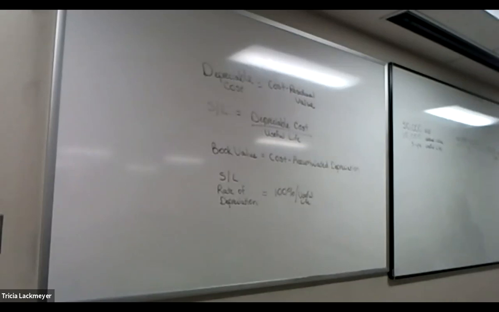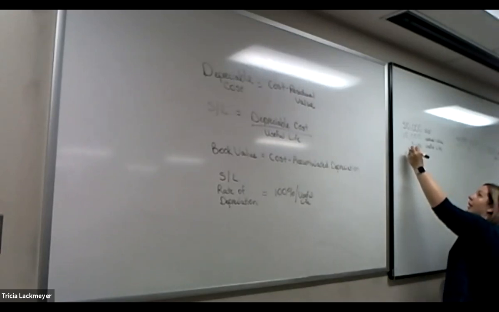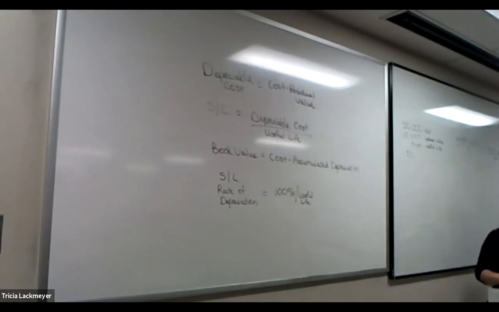Well, what if I put this asset into action on, say, I purchased it on July 1st. That was my purchase date. How long will I have it in the business in the first year? How many months will I have owned it?